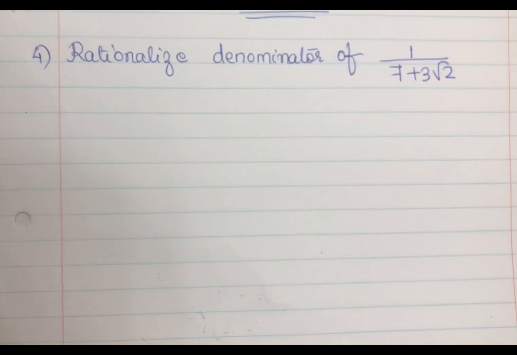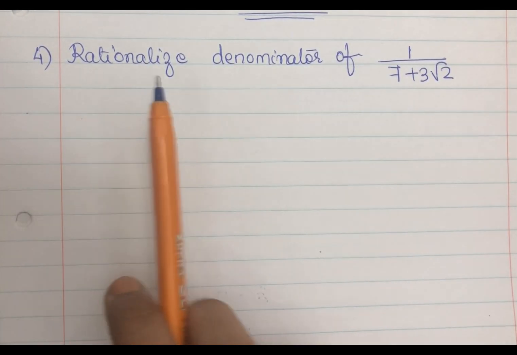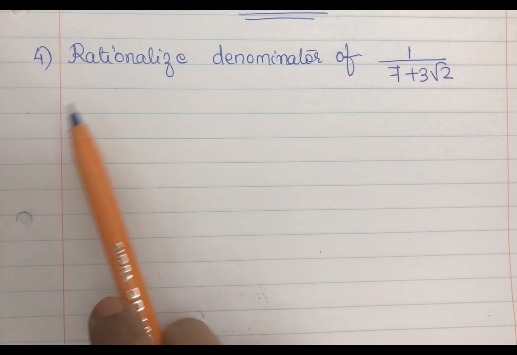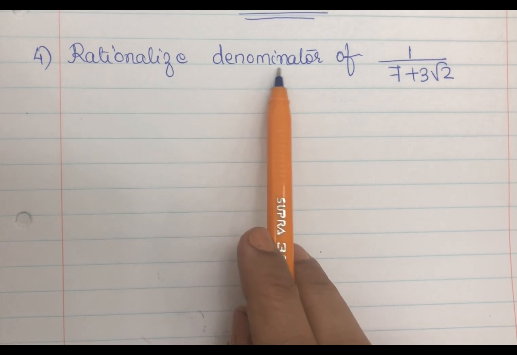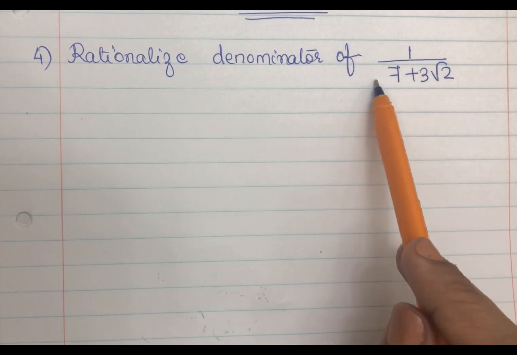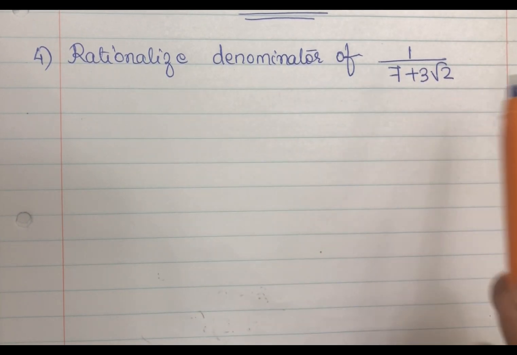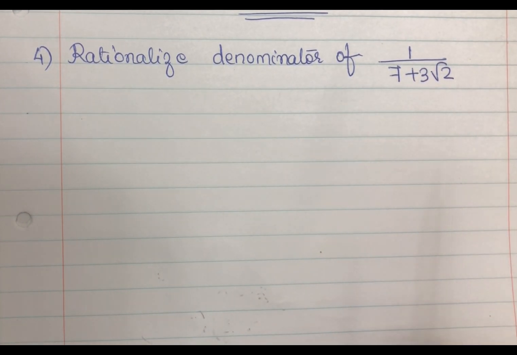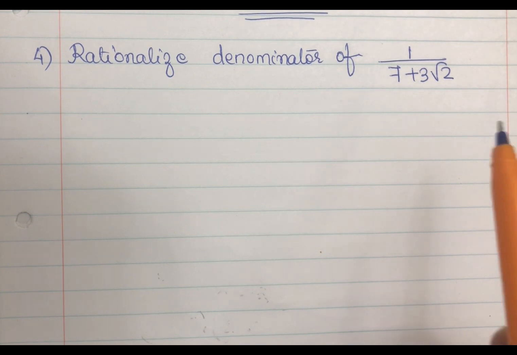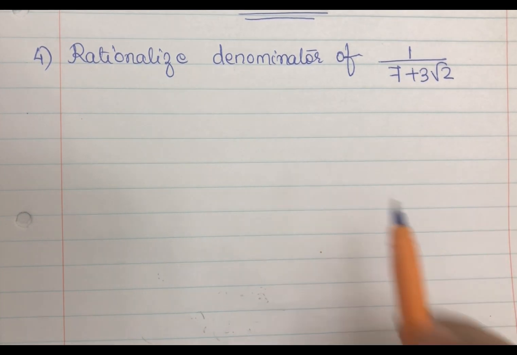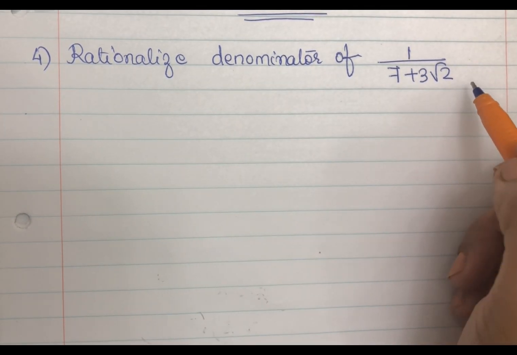We'll see one more example of rationalizing the denominator. Here, rationalize the denominator of 1 by 7 plus 3 root 2. All these examples are from your NCERT textbook of class 9. So how to rationalize?